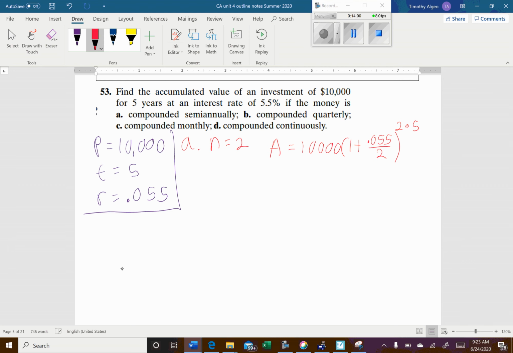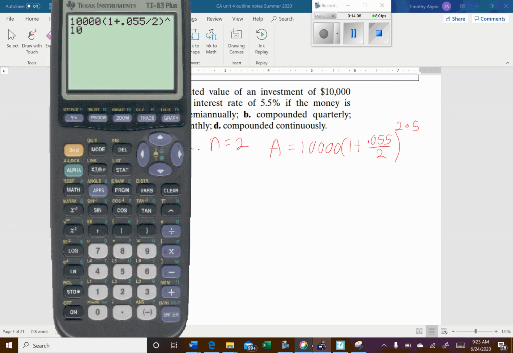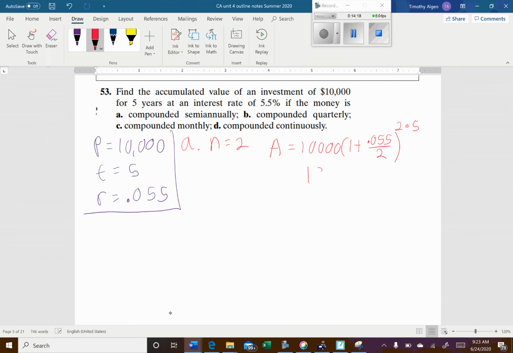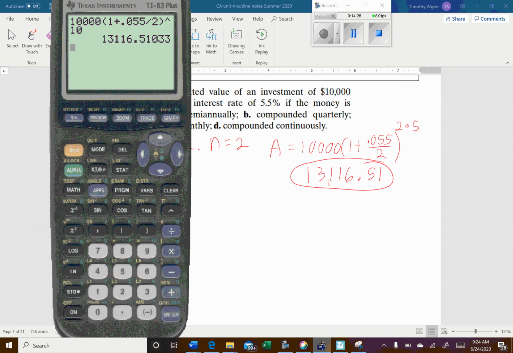So go ahead and figure out what that is and just type it in once so that you don't have to deal with any of those syntax issues. Okay, so my investment would be worth $13,116.51. 51 cents. Okay, there we go. There's the first one.